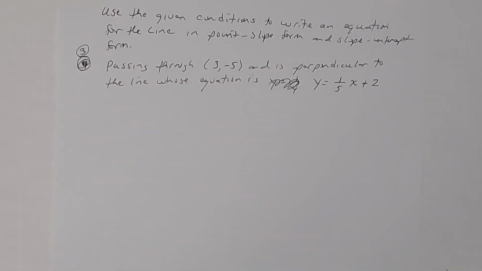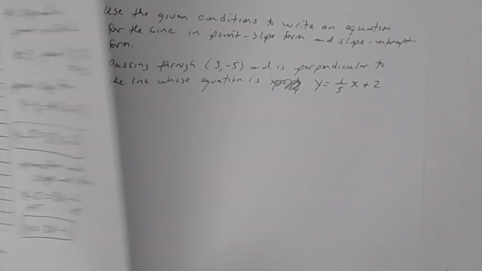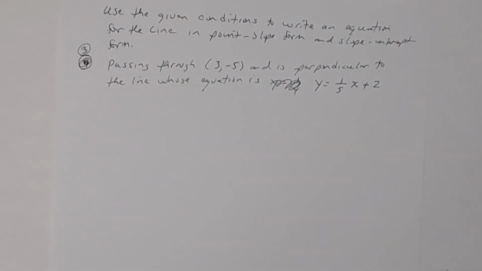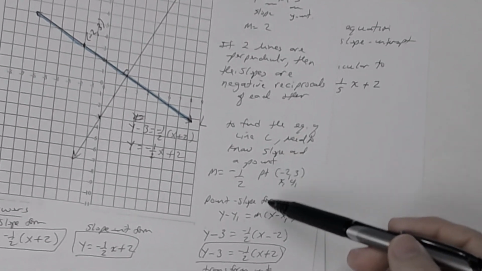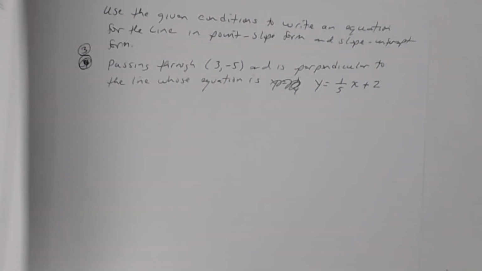That's what number 3 is. There's no visual representation of the lines like you were given here, but you can still work the problem with that same thought process.